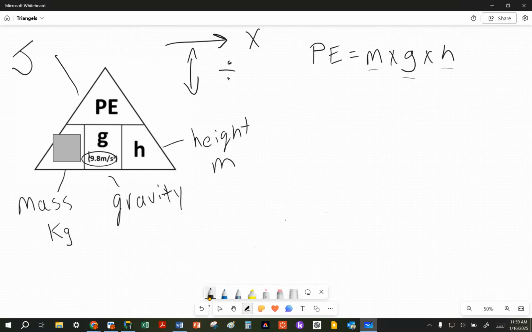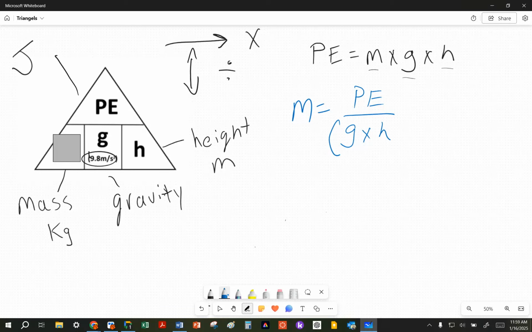So what I'm going to do here is to solve for M. I have literally PE over G and H. So it's G times H. That's how you solve for mass. You plug in your numbers, that's what you get.